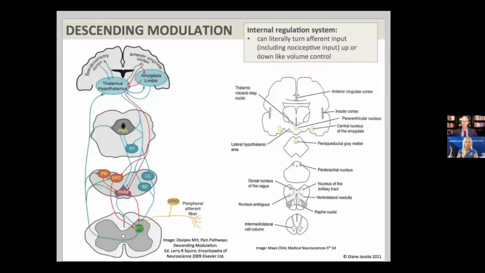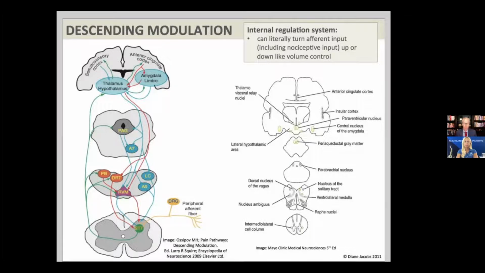Now, the thing that probably interests me the most is the thing called descending modulation of pain. And the descending modulation, it can happen from our anterior cingulate, it can happen from our frontal lobe, but specifically in our brainstem, we have these different regions that actually send signals downward to the spinal cord where the pain comes in, and you can suppress pain long before it even comes in if you do it appropriately.